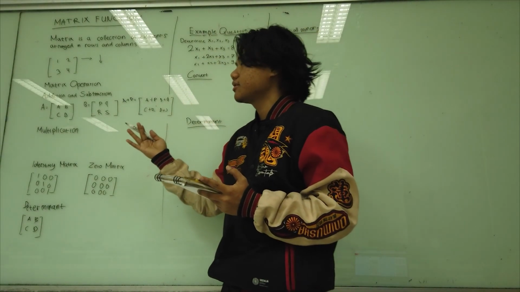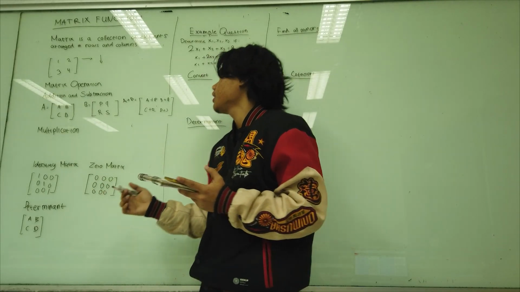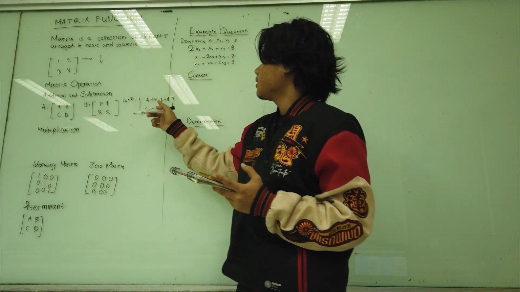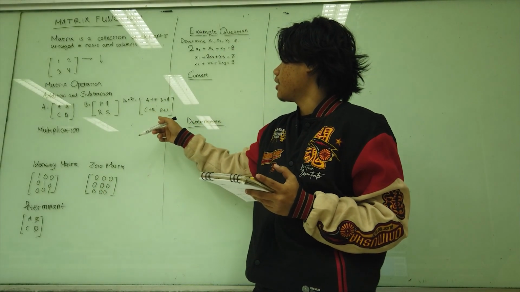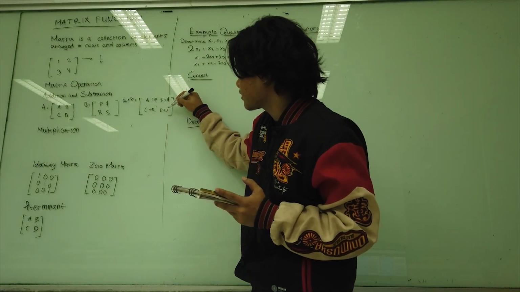And for subtraction, it just goes the other way around: A minus P, B minus Q, C minus R, and D minus S.